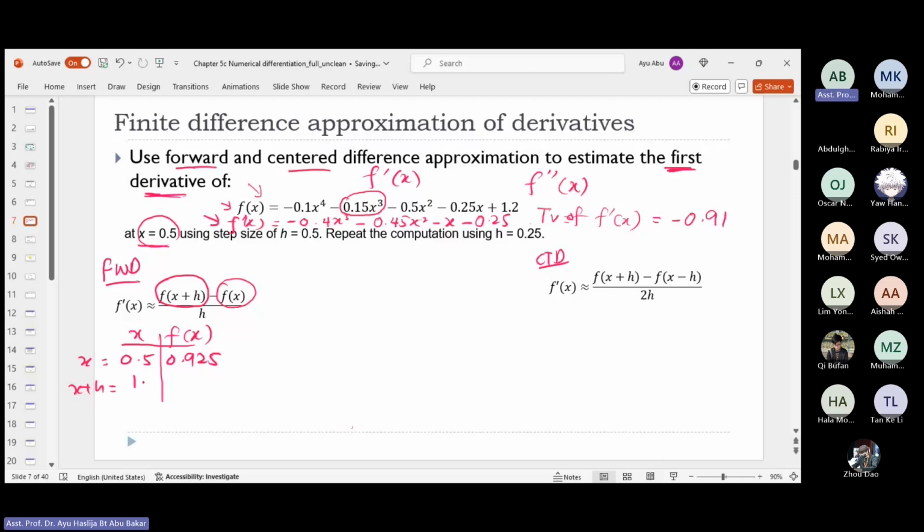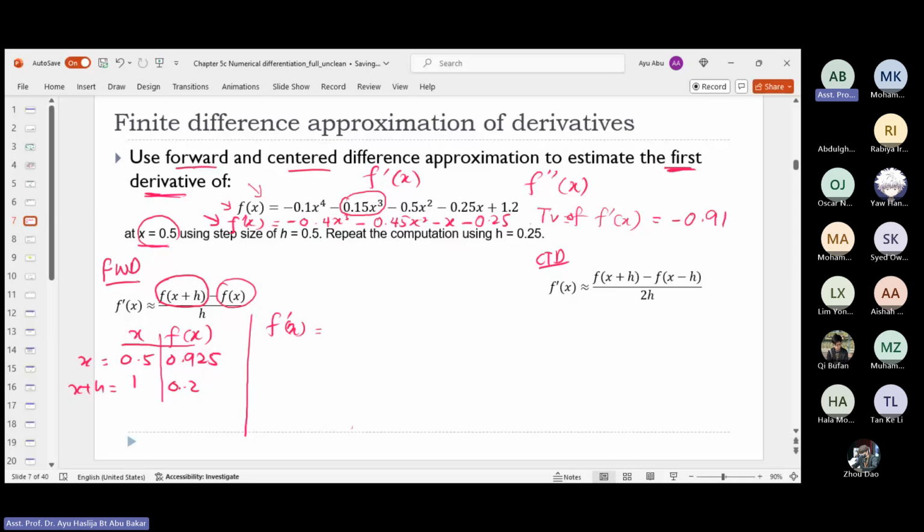Now, what is the value of f(x) when x equals 1? 0.2. Okay, then sub into the equation f prime x for the forward.